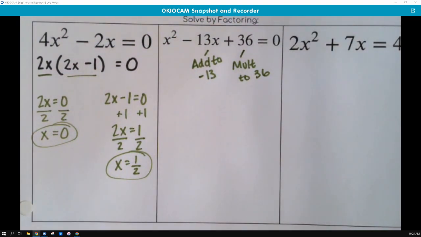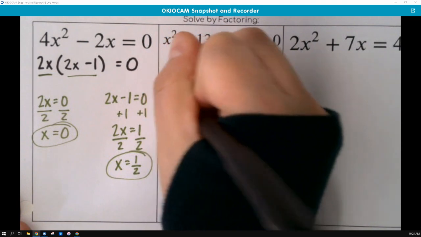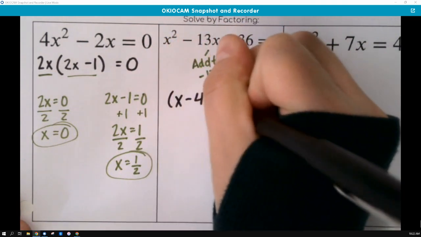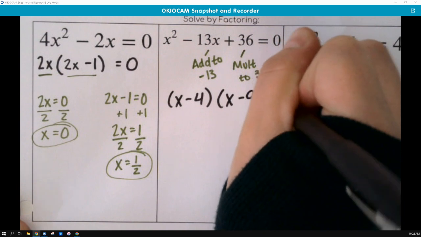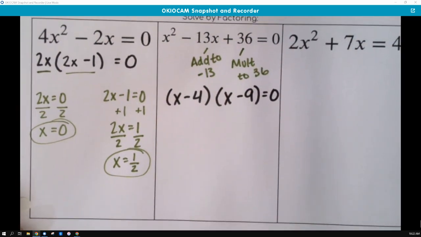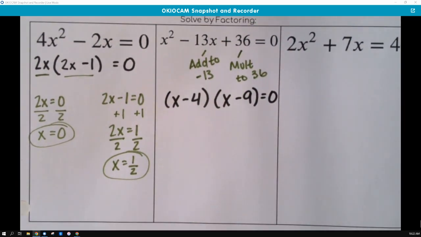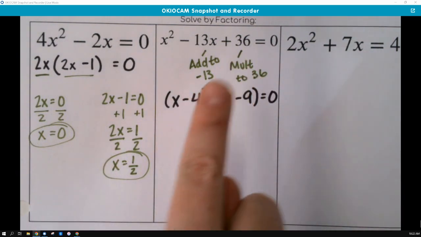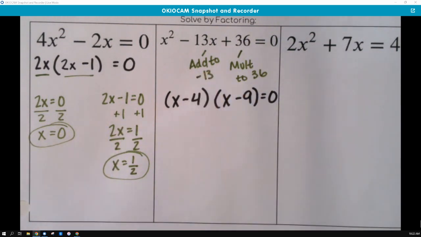Numbers that multiply to 36 are 4 and 9. 4 plus 9 is 13, so if you make them both negative, they'll add to negative 13. So our factors are x minus 4 and x minus 9, because negative 4 times negative 9 is positive 36, and negative 4 plus negative 9 is negative 13.